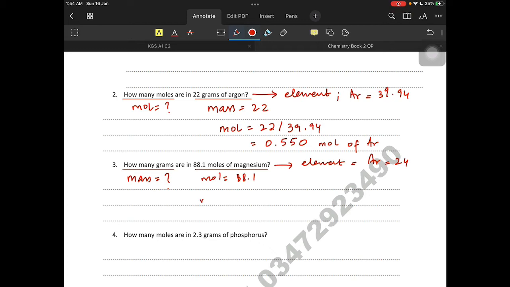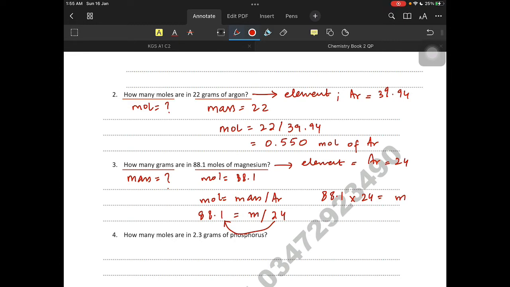Let's try it. We know mole equals mass over atomic mass. 88.1 equals mass, which is unknown, divided by 24. On the other side we get 88.1 times 24 equals the mass.